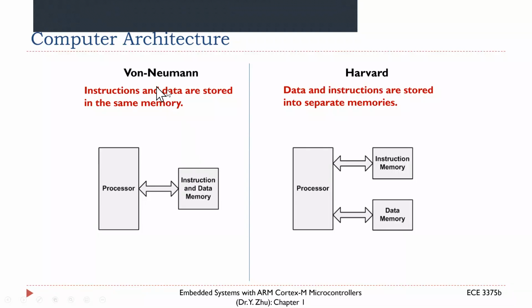Whereas in the von Neumann computer architecture, you can only access memory one at a time. That location of the memory would be either data or instruction, so you cannot access both instruction and data at the same time. So the old microprocessors would be von Neumann, and the recent ones would be Harvard.